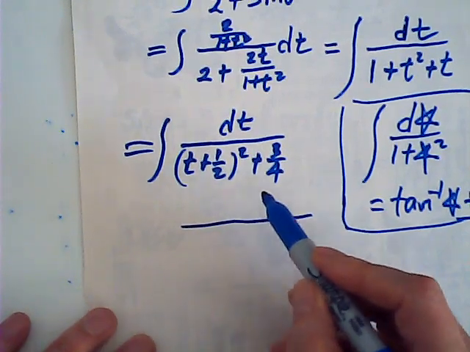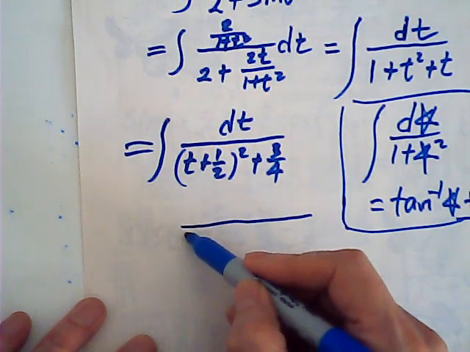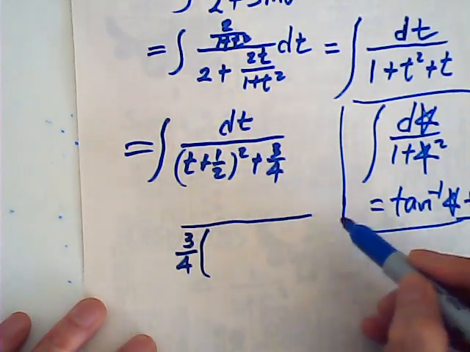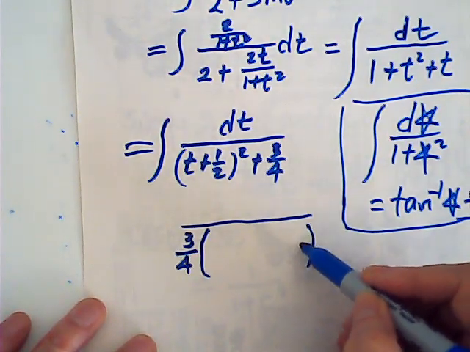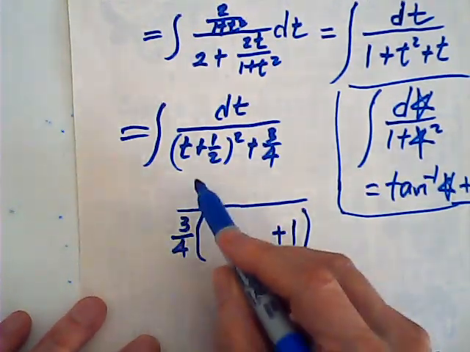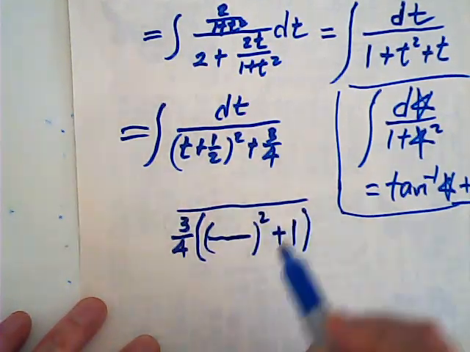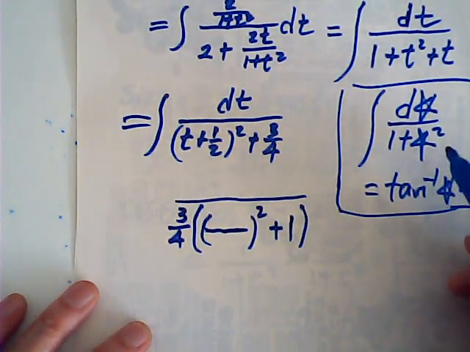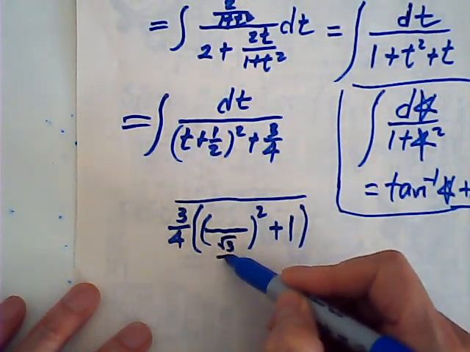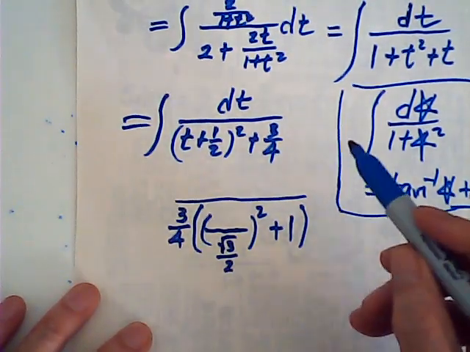So what do I take? I take 3/4 out, right? So this becomes 1. Now, if I take this out, this has to be a square, right? According to the formula. So this must be root 3 over 2, because after squaring it is this.